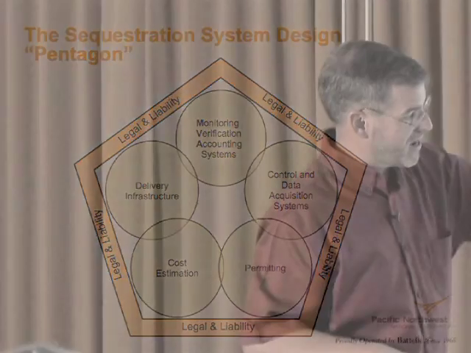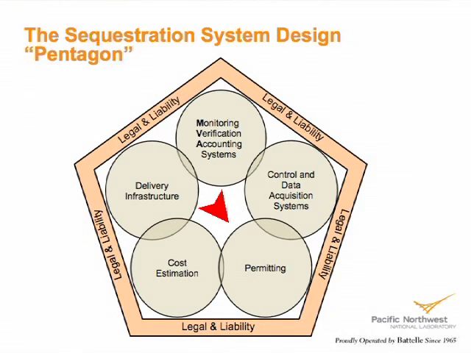And we have these 5 key areas that engineers need to address to do a design for a sequestration project: cost estimation, permitting, our control systems, MVA, so this monitoring system we have to put together, and what the infrastructure looks like to get the CO2 into the subsurface.